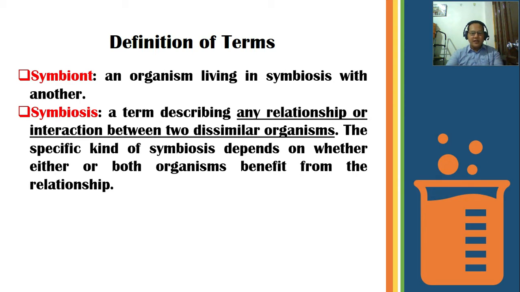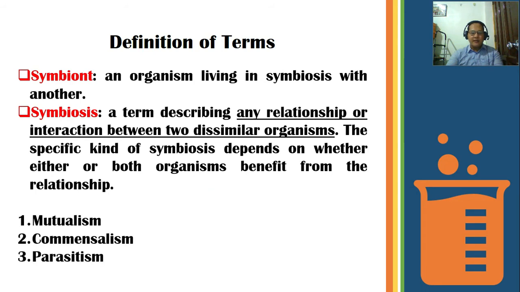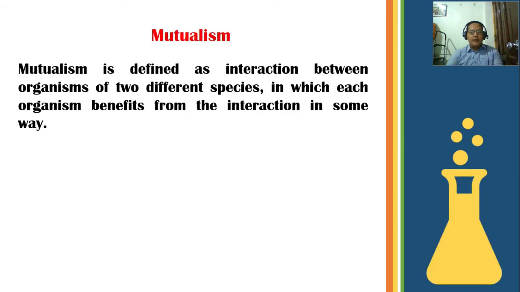The specific kind of symbiosis depends on whether either or both organisms benefit from the relationship. So there are three major types of symbiotic relationship. First is mutualism, and we also have commensalism, and lastly parasitism.